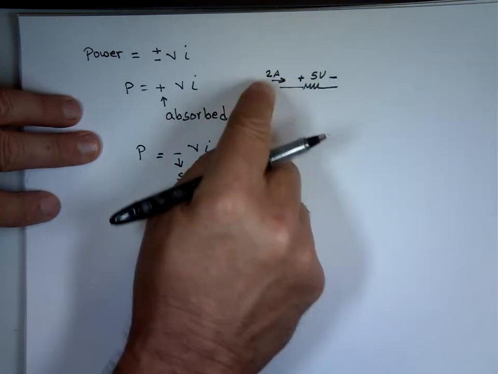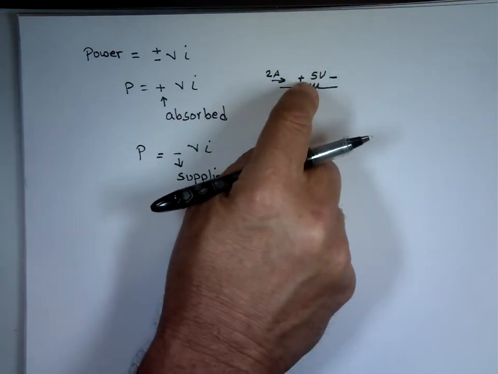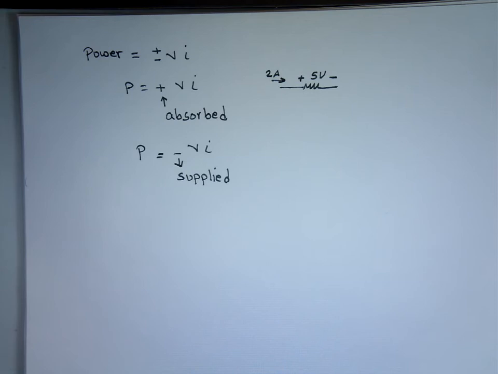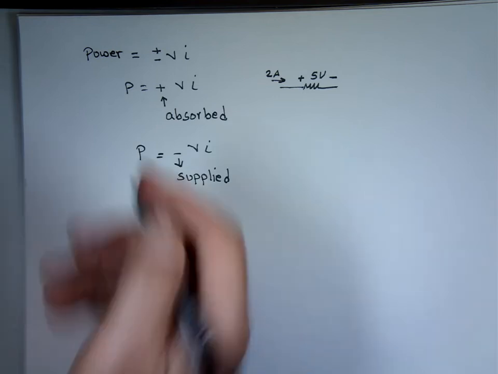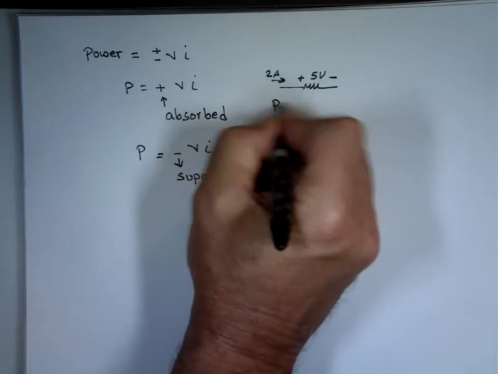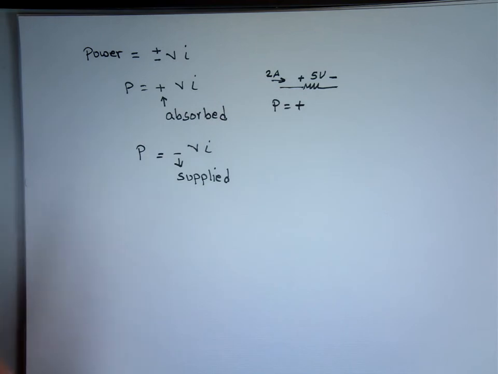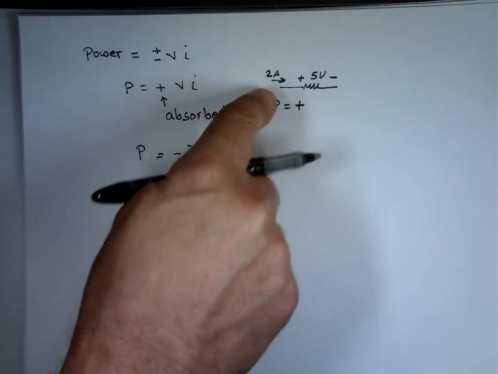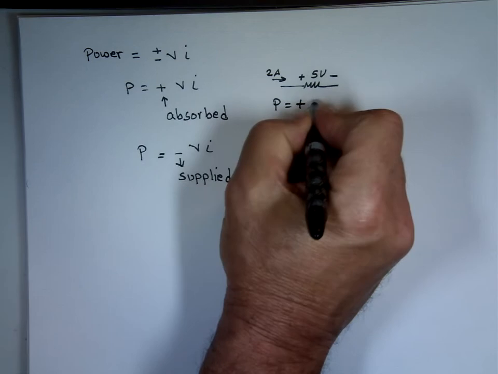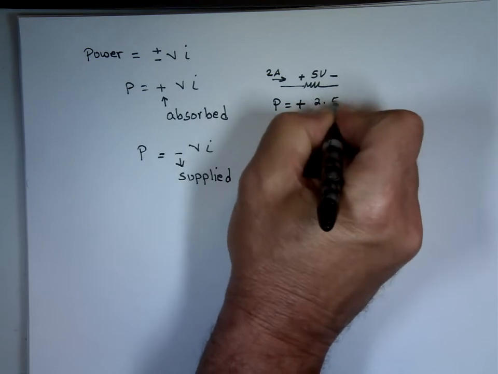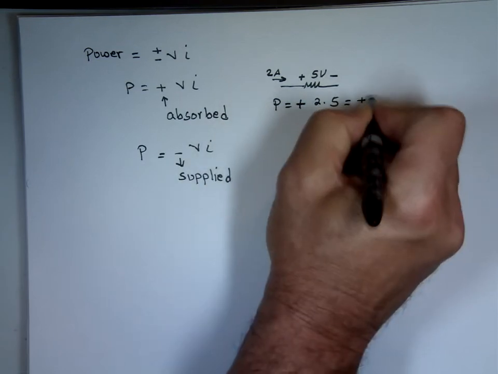If a positive current enters the positive terminal, what happens to that power? Is it absorbed or supplied? That's taken, absorbed. So the power in this case will be positive. That's the positive sign convention. We talked about that last time, 2 videos ago. 2 times 5, which is positive 10 watts.